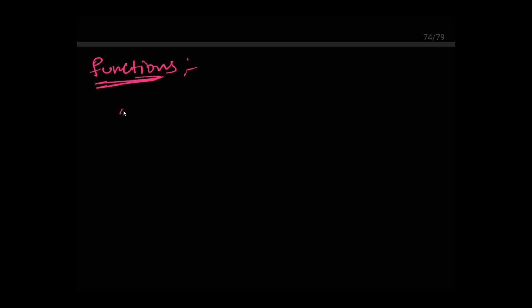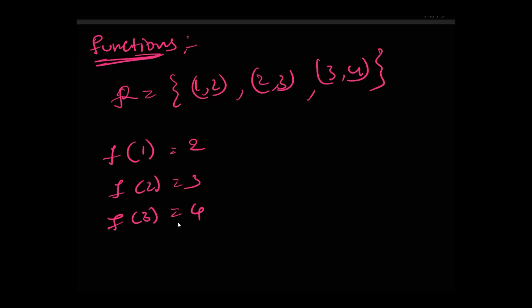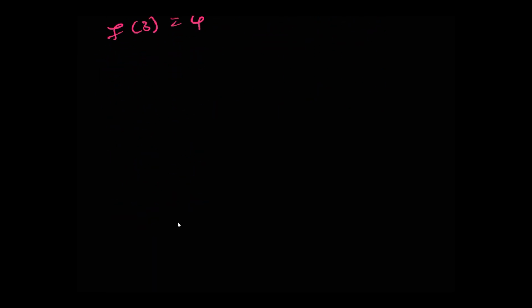For example, if there is a relation (1, 2), (2, 3), (3, 4), we call this a function such that if we give an input f of 1, it will give an output 2, f of 2 will be 3, f of 3 is 4. We call this a function.